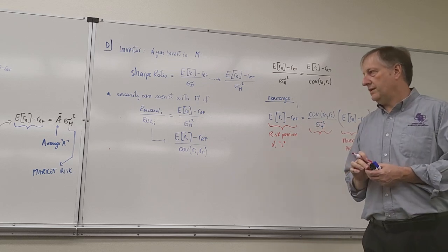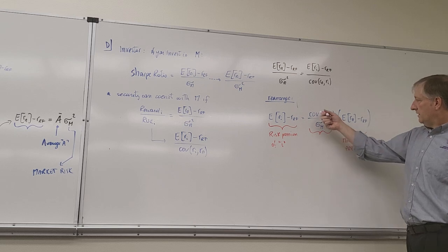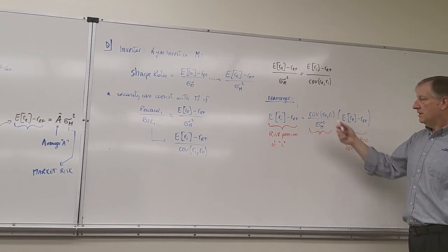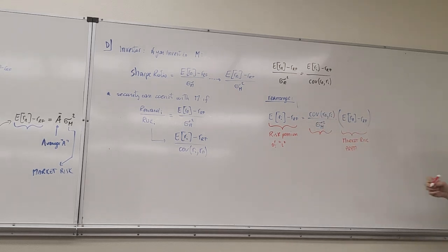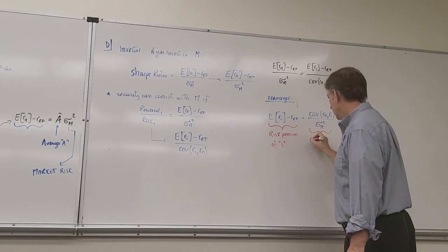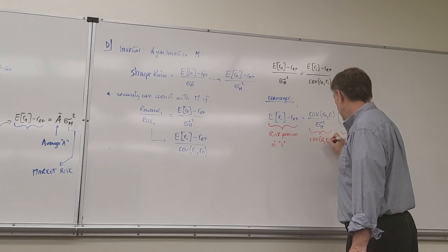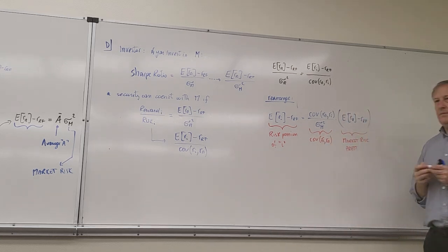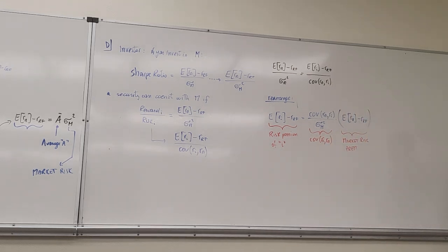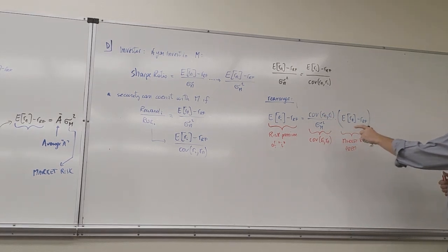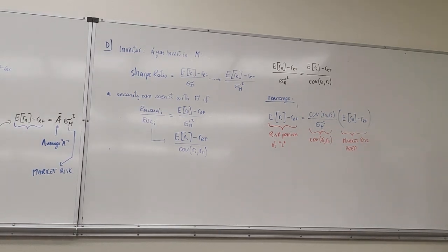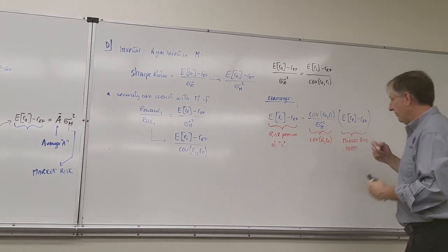So what is this quantity right here? It's the covariance of the asset and the market. Okay. So now this ratio, the covariance between the asset and the market, standardized by sigma m, is what we call the CAPM beta.